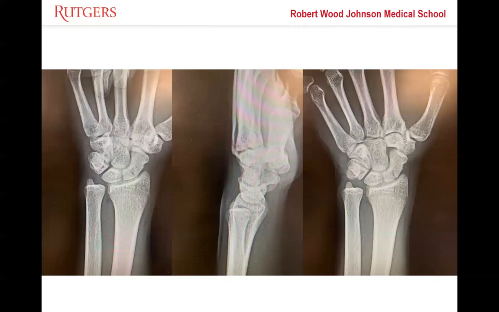Right? But if we treated him conservatively, when would you think about getting a CT scan to look for that 50% healing? 4 weeks from now.